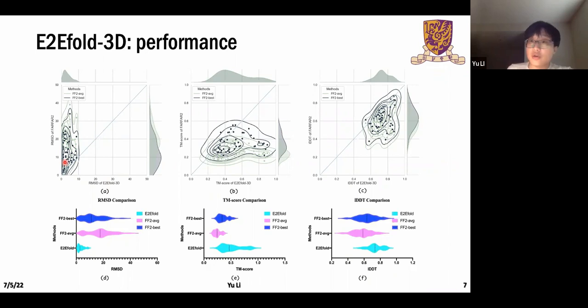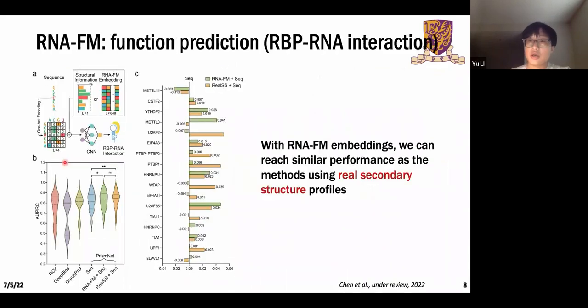The next question is, would our method also improve further downstream applications? Here we use one function prediction task, that is the RNA binding protein and RNA interaction. This is a very important problem, and a lot of methods have been developed, such as BindNucleotide and so on.